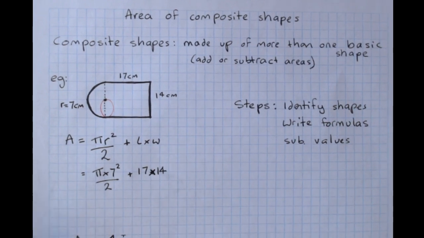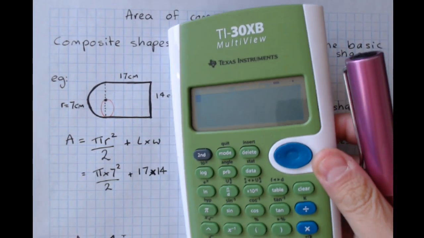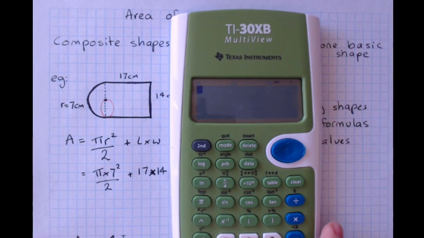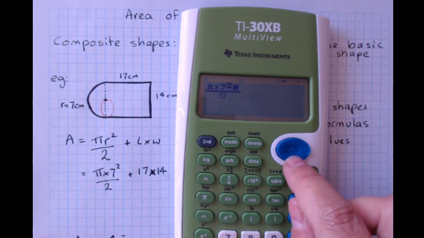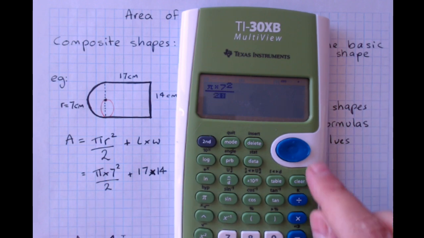Or if you've got your calculator, it would quite happily work that out for you if you entered it exactly as written. So we have a fraction, we have pi times 7 squared on the top, and divided by 2.